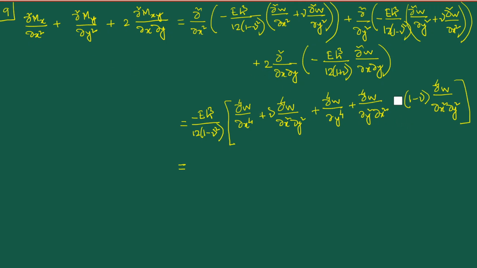I'll correct that. Okay, so you see there is a minus 2 nu del 4 W del x square del y square here. So this term and this term with the nu cancel, and eventually I am going to end up with a certain nice looking expression, which is this. Because I'll have this twice of del 4 W del x square del y square still remaining, I'll have to write that.